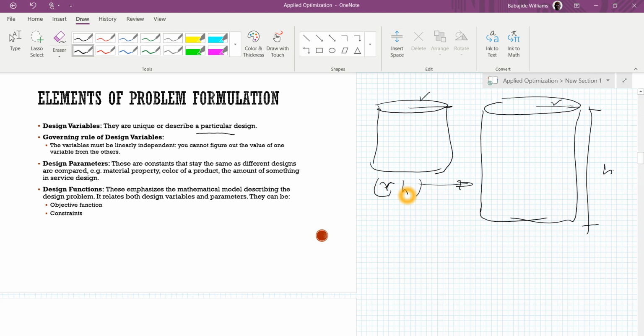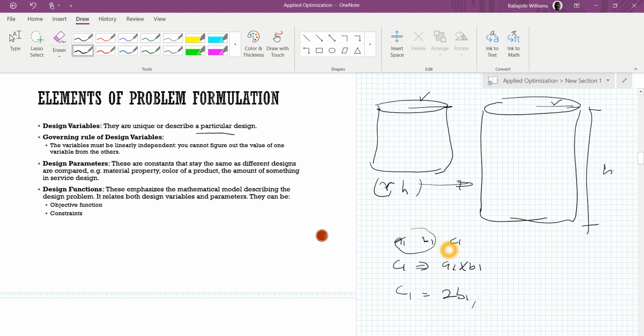Okay. The governing rule here is that design variables must be linearly independent, right? That is very important. The reason for this is, for example, you can have A1, B1 and C1 as design variables. If C1 is in any way related to A1 arithmetically or through scaling, maybe C1 is 2B1, then C1 is not linearly independent of A1 and B1, right?